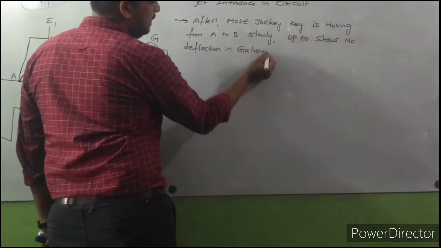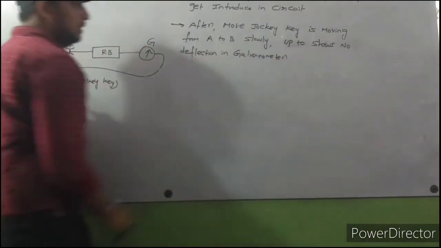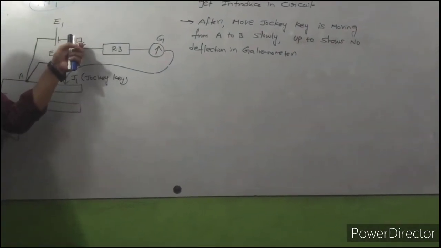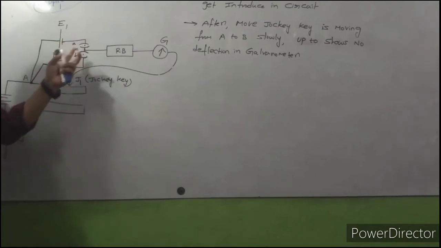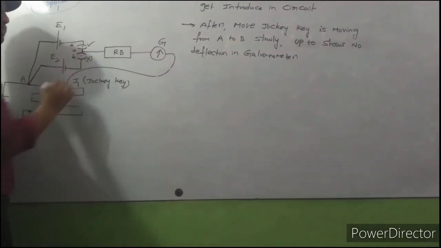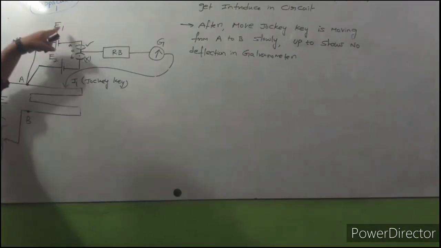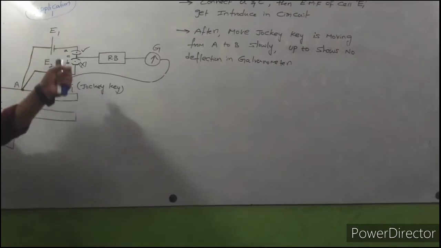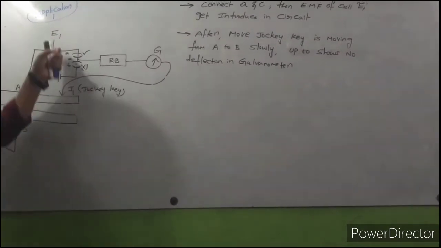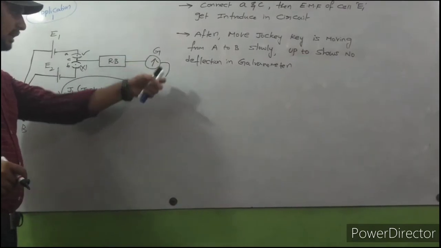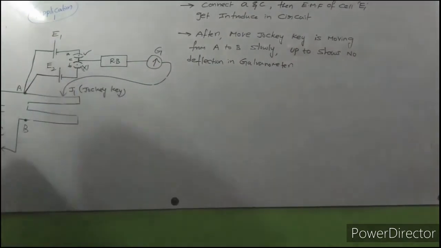I will explain this point. Please observe carefully. First, A is connected to C. That means this key is connected and this key is not working now. Whenever this is connected, E1 gets introduced into the circuit, and this is connected to a resistance box, and this to a galvanometer, and this is jockey key J1.